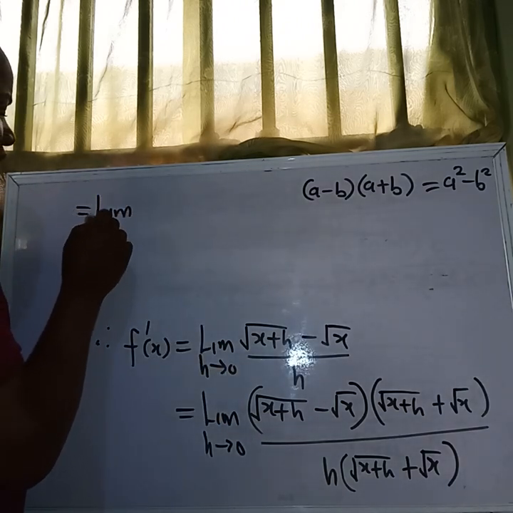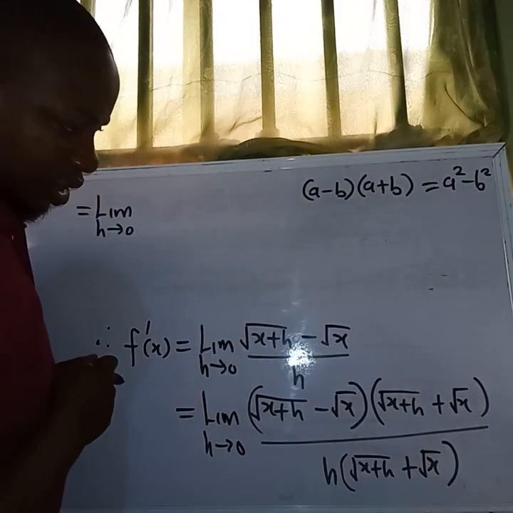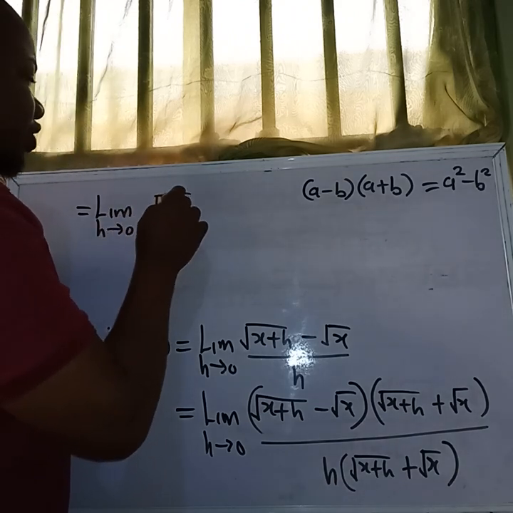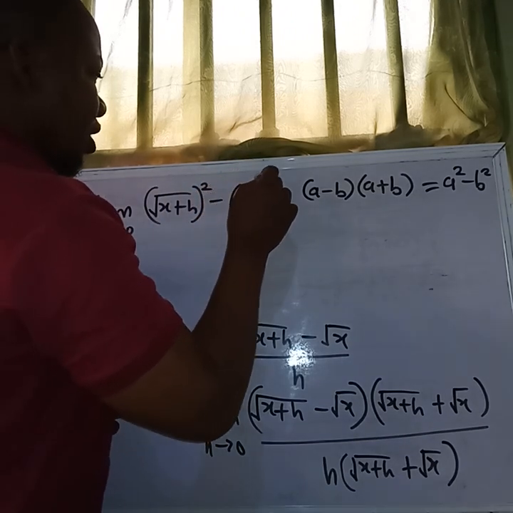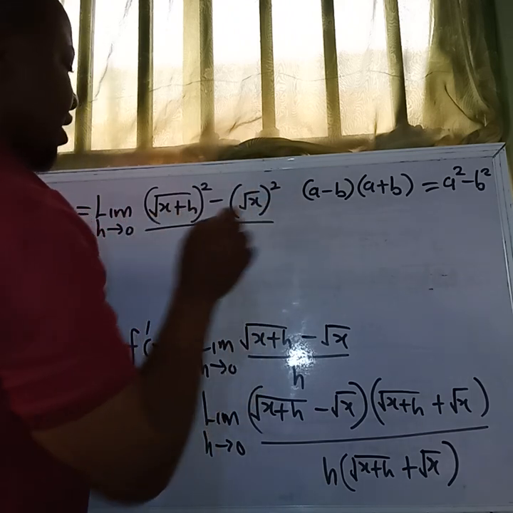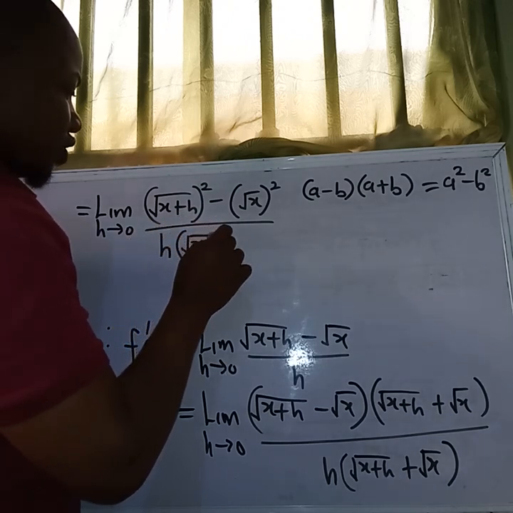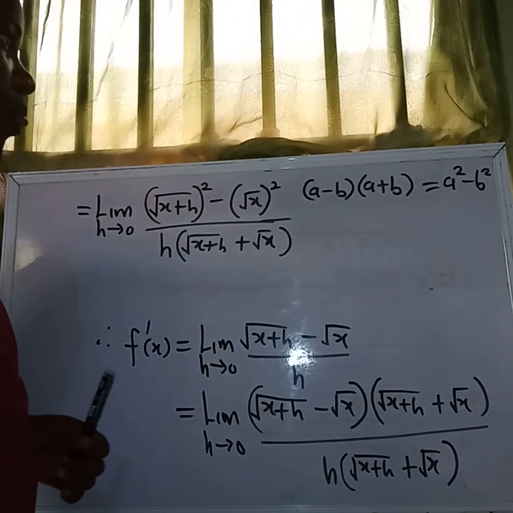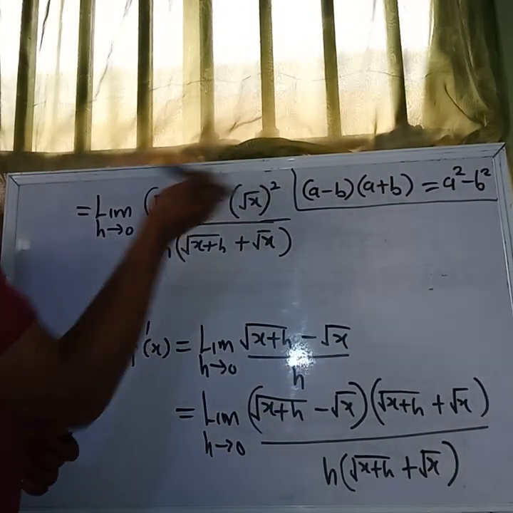This will be the limit as h tends to 0. When we expand using this equation, this becomes the square root of x plus h all squared minus the square root of x all squared, over h into the square root of x plus h plus the square root of x. We are only using this to expand the numerator.